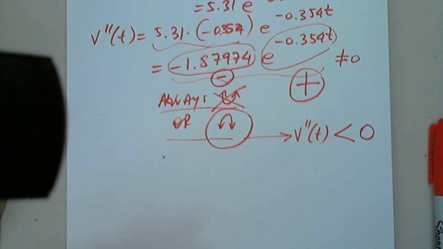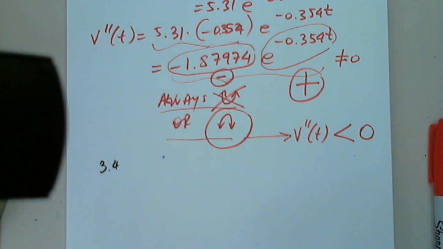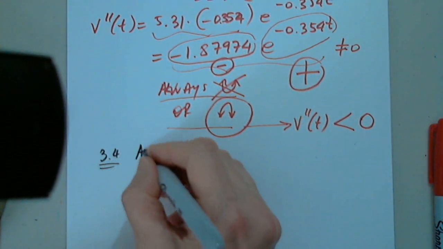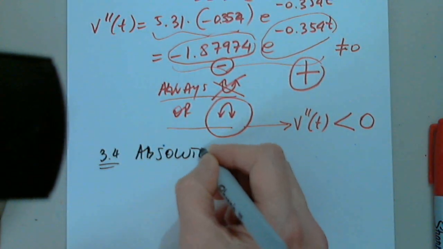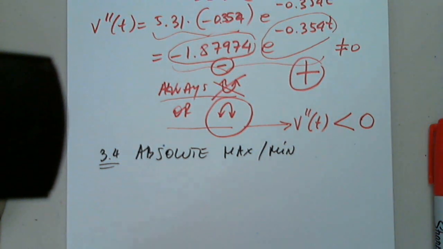So let's continue with section 3.4 finally. I know I talked too much. And we did talk about this. So here in 3.4, we're talking about absolute max and min. And I just want to look at a few graphs before we analyze algebraically.